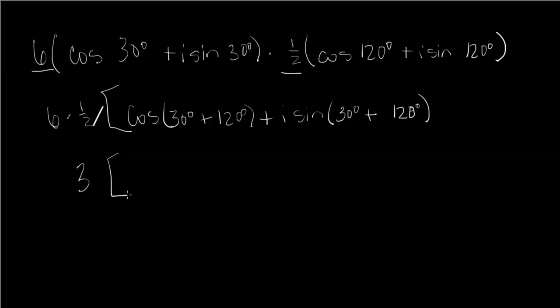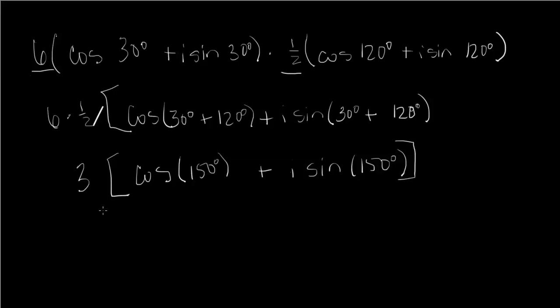Cosine of 30 plus 120 is 150 degrees. And the cosine of 150 degrees is negative square root of 3 over 2 plus i.